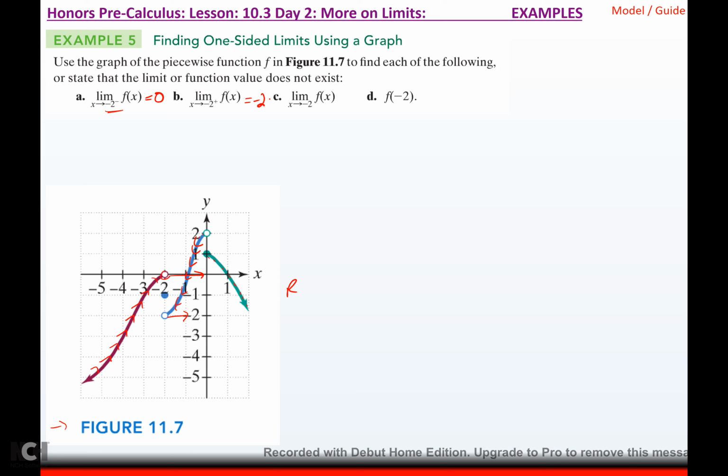It says the limit as x approaches -2. Well, that one doesn't exist, because as I approach -2 from the left, I got 0, and from the right, I got -2. These don't match, so the limit does not exist. And the value at -2 would be the dot, which is going to be -1. Okay?